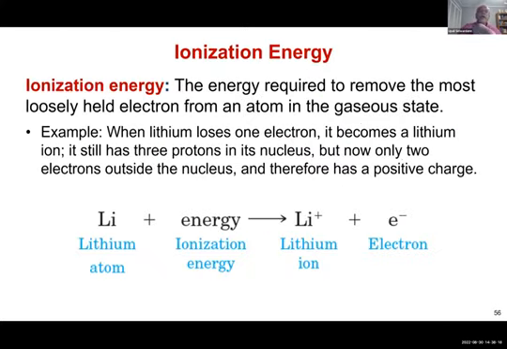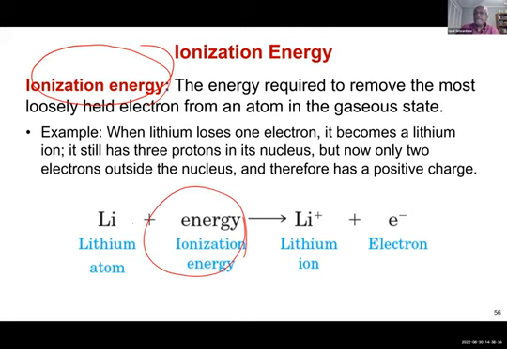The last property we're going to talk about is ionization energy. Ionization energy is the energy required to remove an electron from an atom. This energy needs to be provided. So it tells you about the reactivity of a substance. The higher the ionization energy, the lower the reactivity.